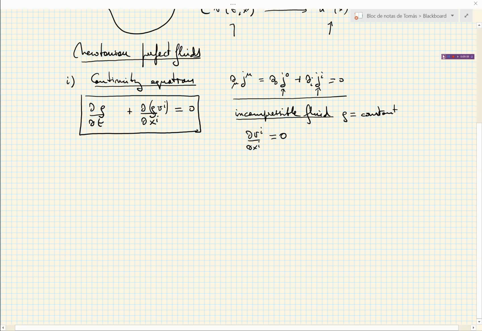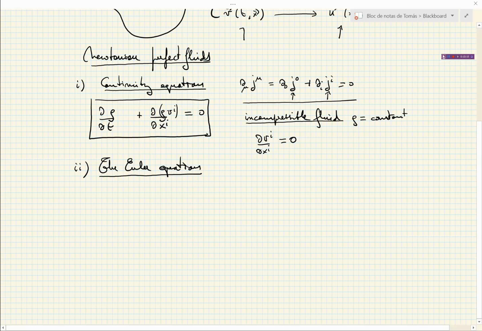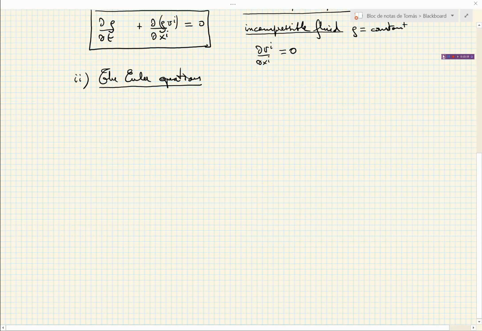The second condition that controls the behavior of a perfect fluid is the Euler equation. Okay, this is a very important equation, and let's write it first, okay?